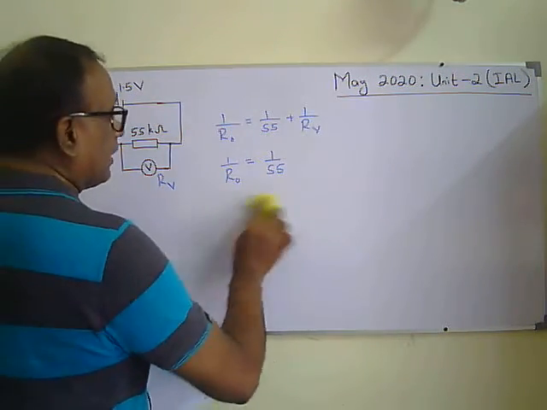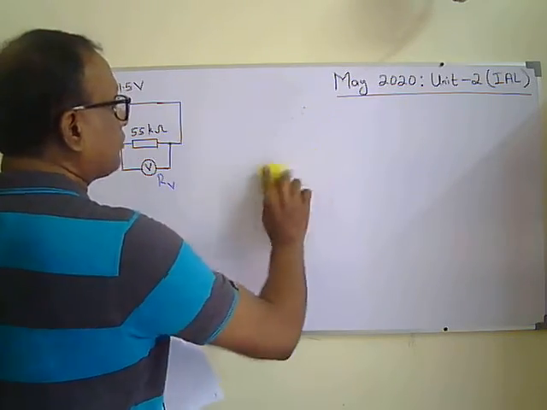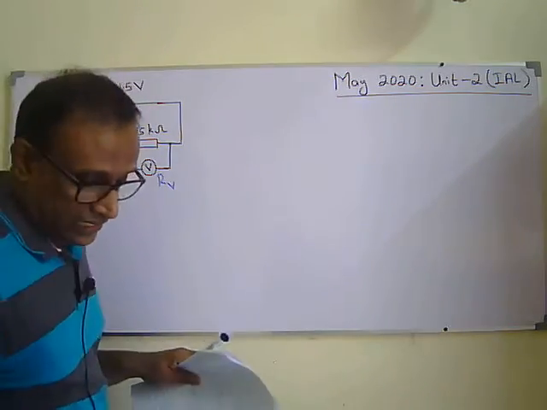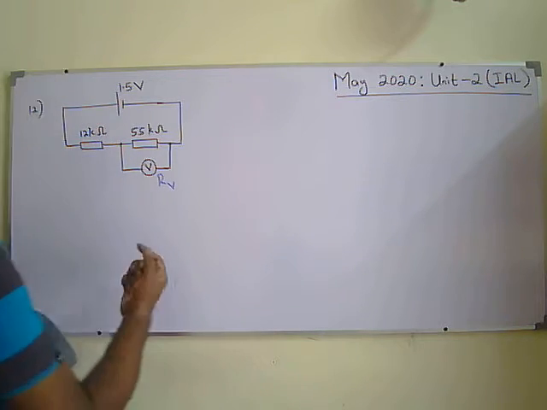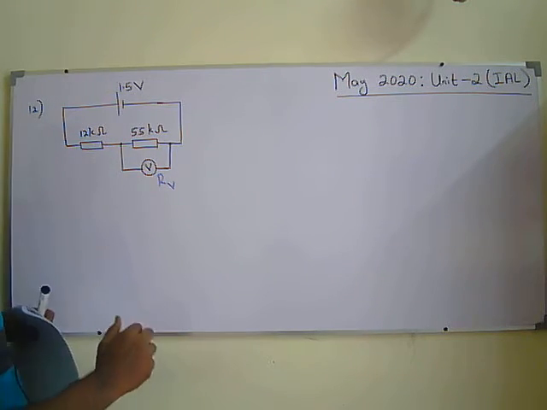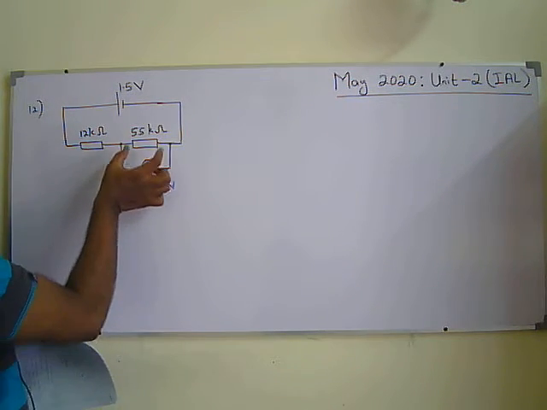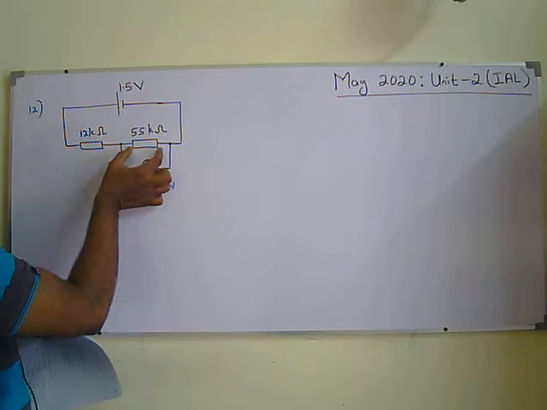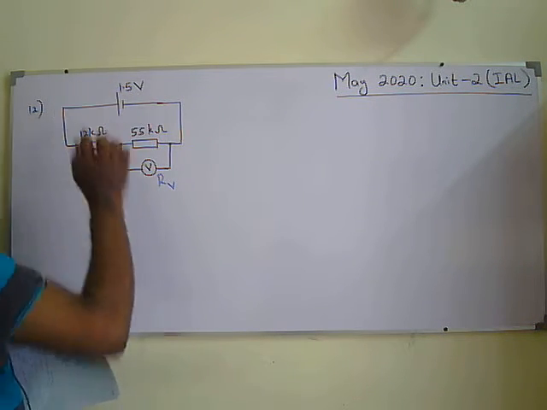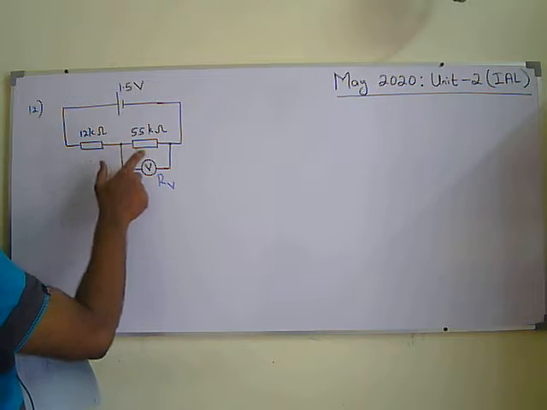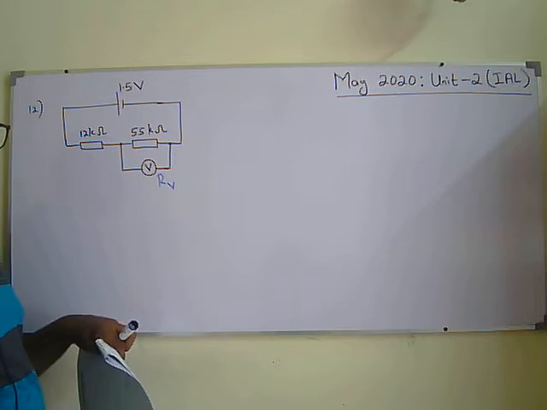So I can take the internal resistance of the voltmeter as very large. They asked to find the voltmeter reading, so the voltmeter is going to read the voltage across 55 kilo ohm, and the total applied voltage will be divided across them according to the ratio of their resistance.